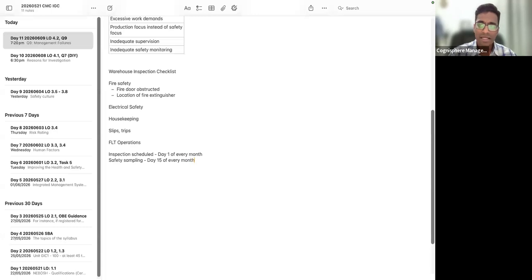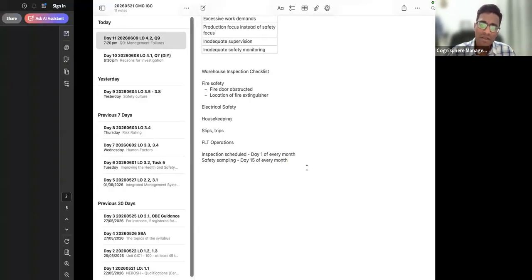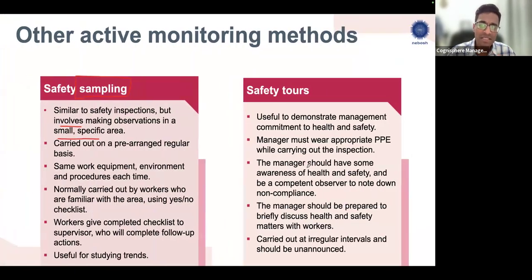So it acts as a secondary or supplement to the main active monitoring, which is an inspection. Through safety sampling, you're still doing a physical check, but only randomly.